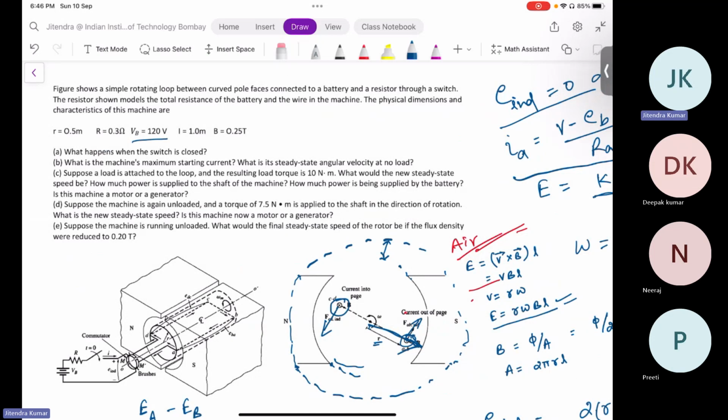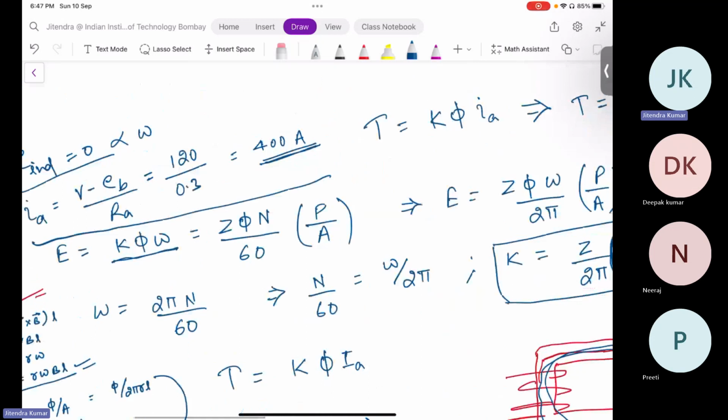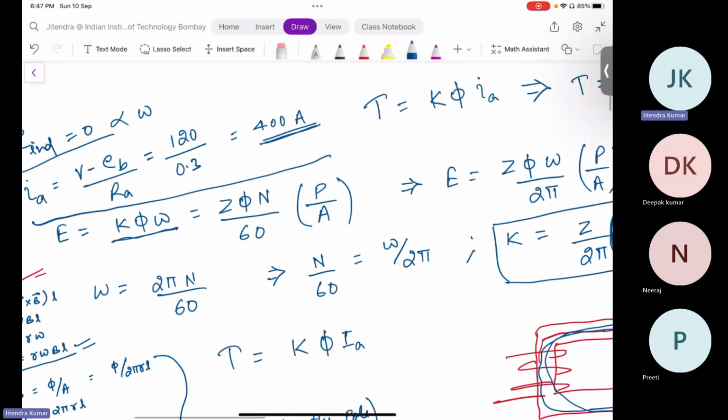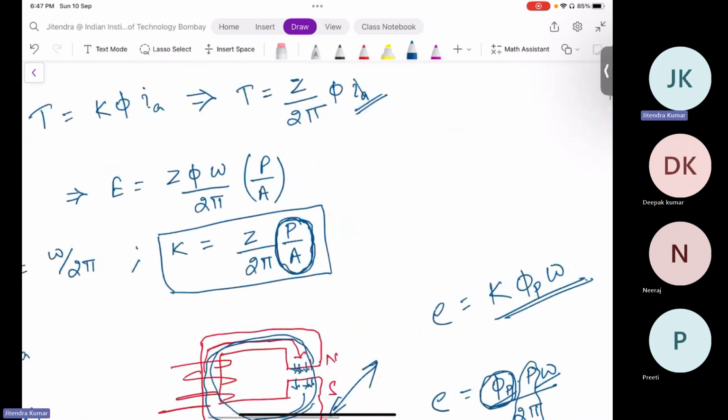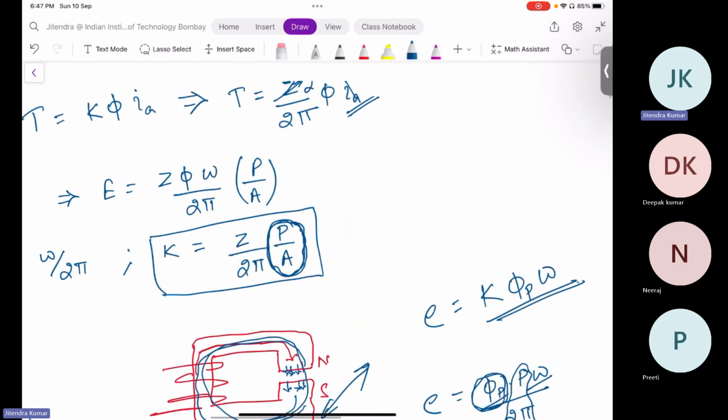That is why I am telling you two conductors are there. So because of two conductors, we can plug in Z is equal to 2.